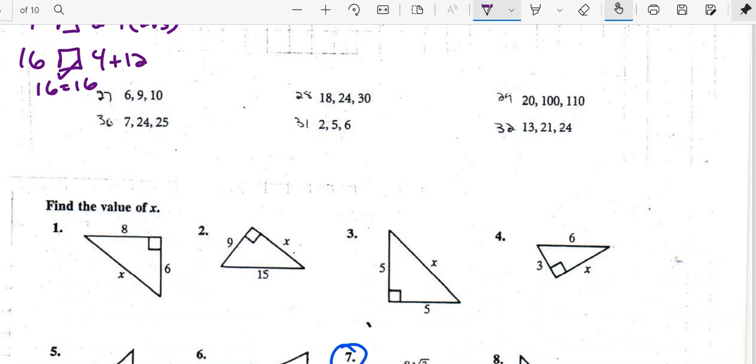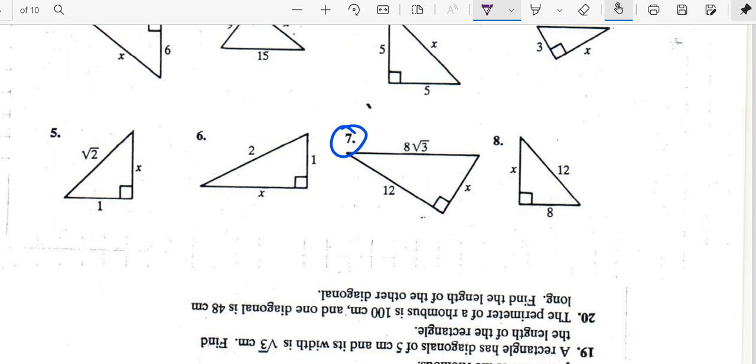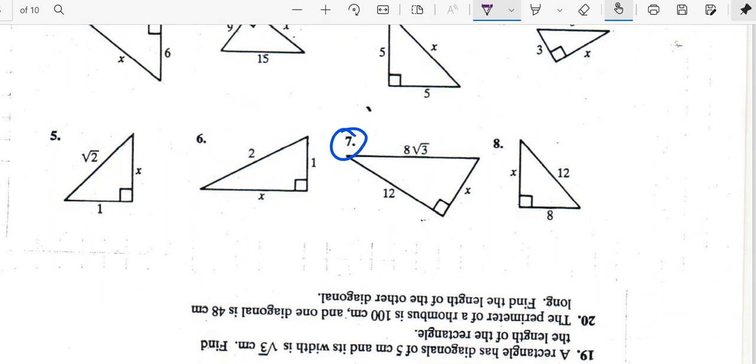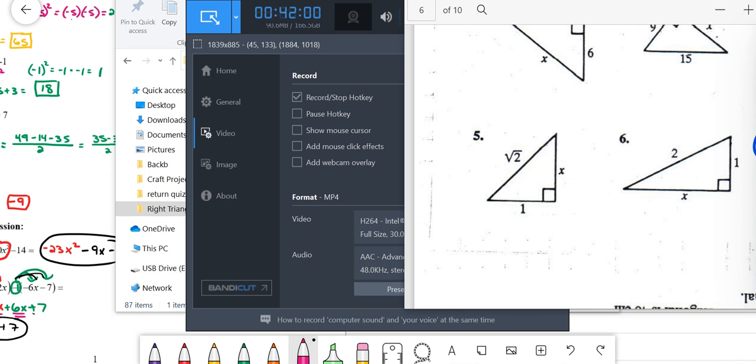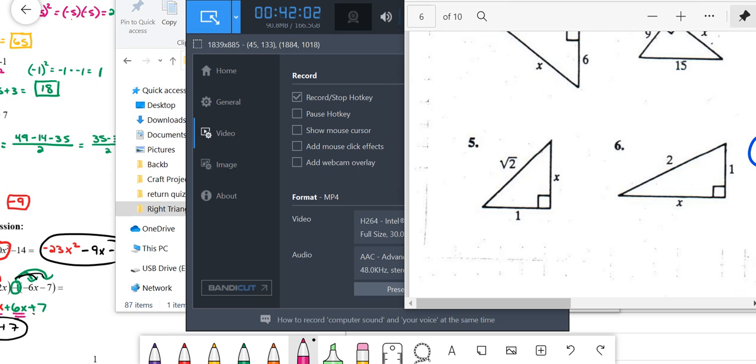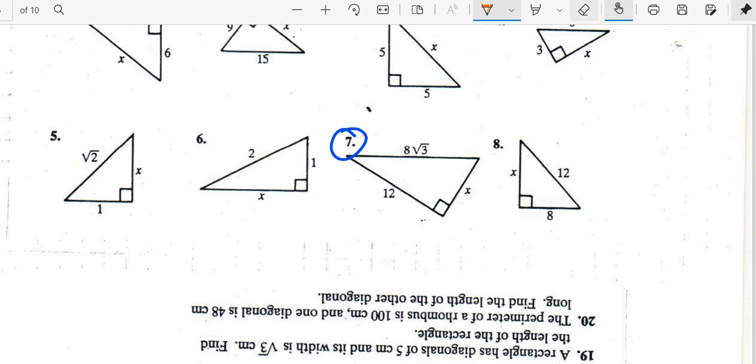All right, next one we'll do is, again, number 7. Take a second to copy that one if you didn't print out the packet. For this one, it's already set up for our triangle. And we need to use the Pythagorean Theorem. My bad, I closed the window by mistake.